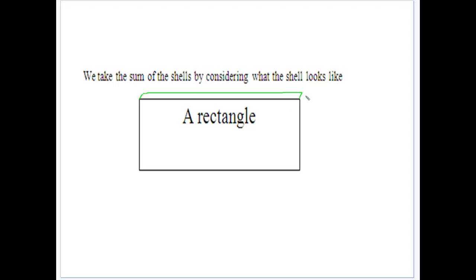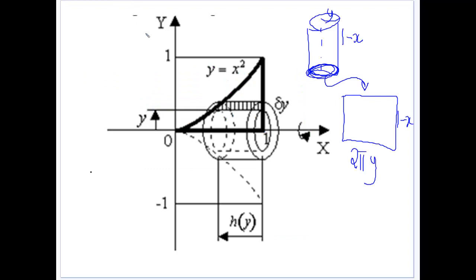So basically we're getting a rectangular prism, give or take. It's not technically right, but it'll do for us. So if we get the area of our rectangle and we have our thickness, then we're able to find the sum of all those rectangular prisms.